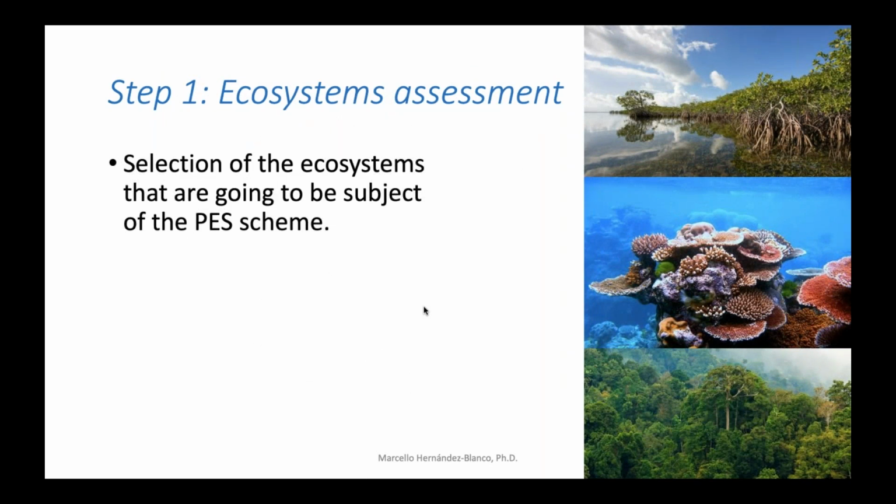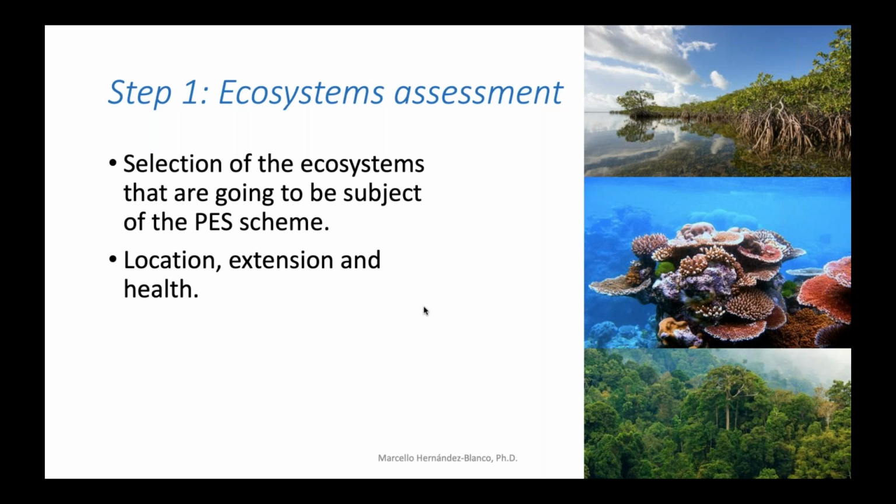You select the ecosystems that are going to be subject to the PES scheme. In the case of Costa Rica, of course, it's just one ecosystem, which is forest, the current terrestrial one, but you can expand it to coral reefs or mangroves, as I'm proposing here.